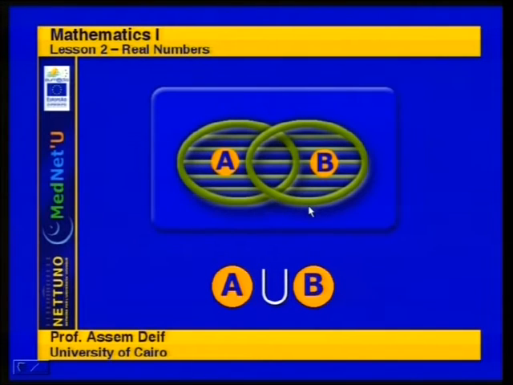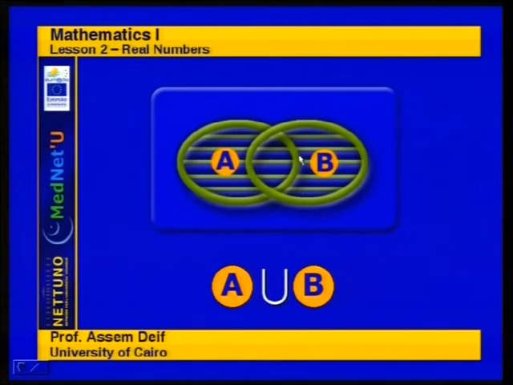So mathematicians, for example George Cantor, instead of saying X is an element in A and not in B, and so on, designed a brief way of denoting the intersection of sets and the union of sets, and students are very well aware of this representation.